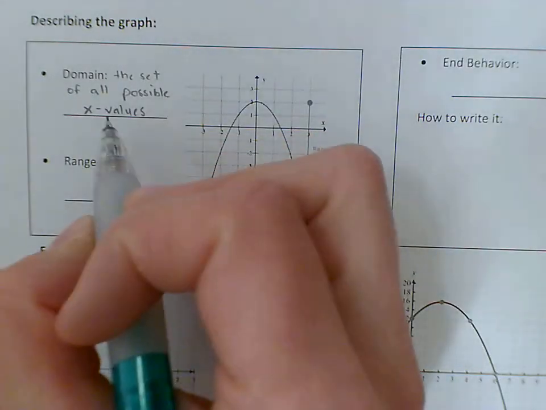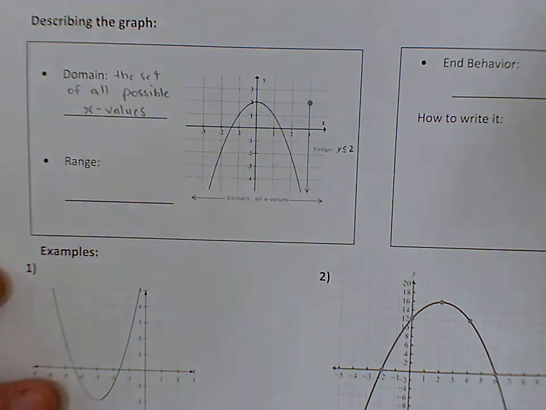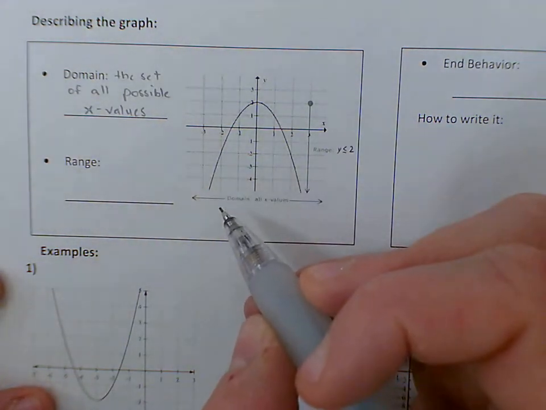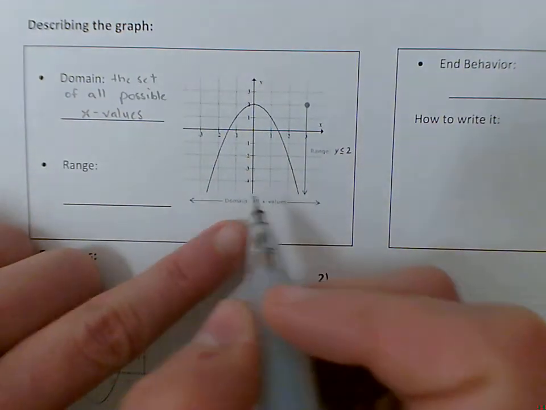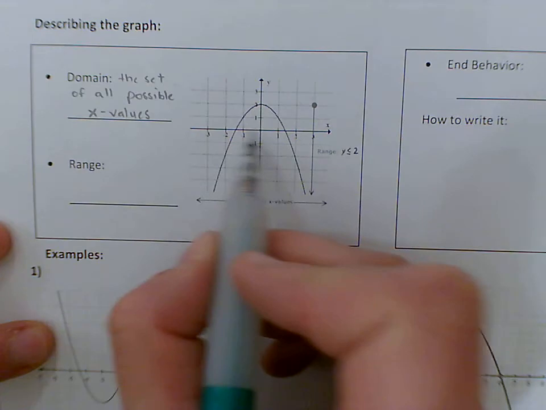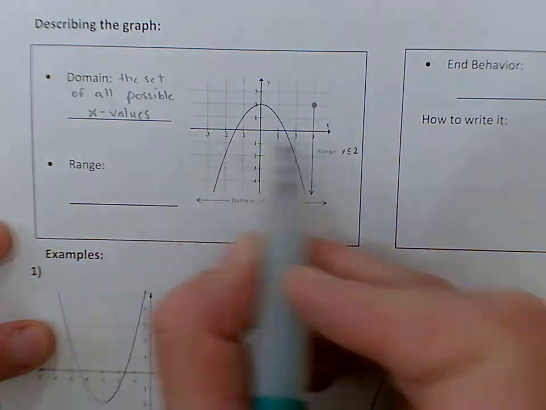But domain is all the x values that the graph has. To find it on a graph, you're essentially looking at how wide the graph is, because x values deal with the x-axis, and the x-axis goes left and right.